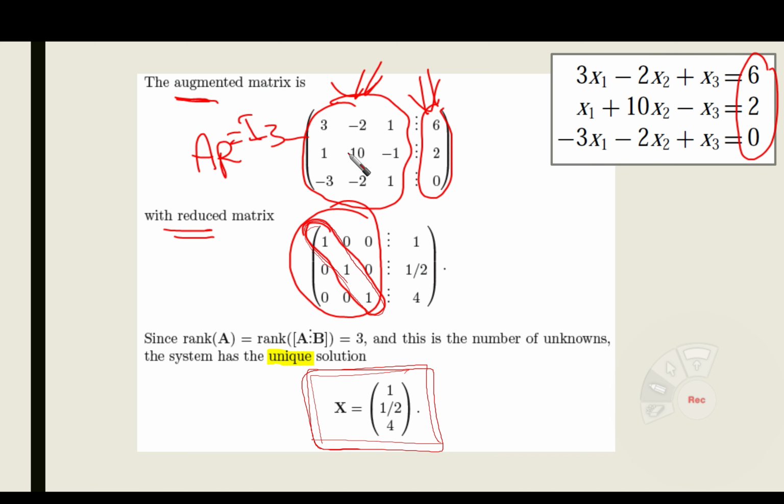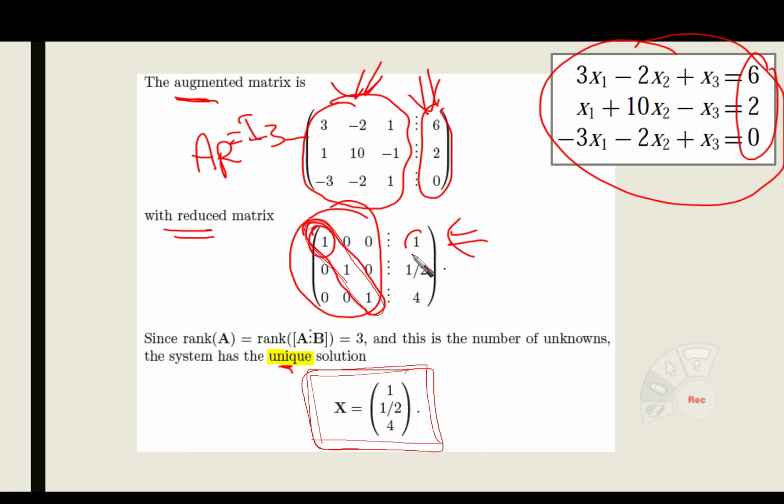This means that the associated homogeneous equation has a trivial solution, and that we are going to have a unique solution for this system. We read it directly from the reduced form.